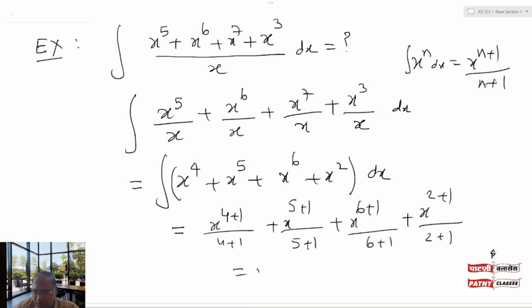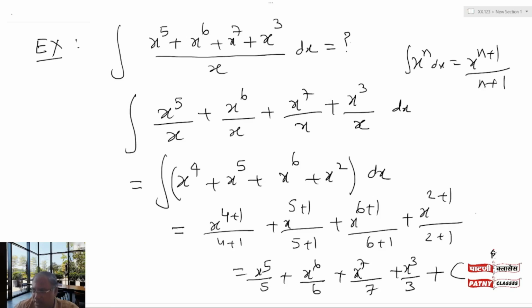So that is equal to x raised to 5 upon 5 plus x raised to 6 upon 6 plus x raised to 7 upon 7 and x cube upon 3. At the end we write plus c here.